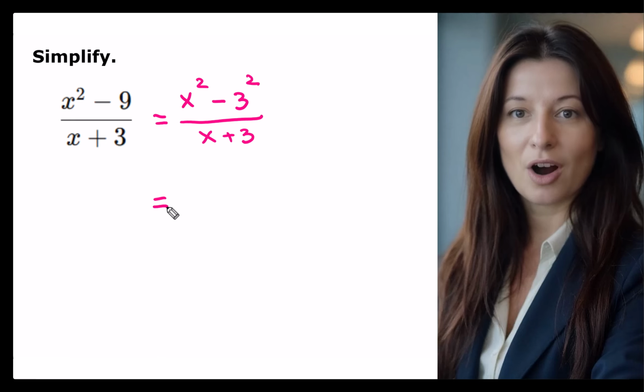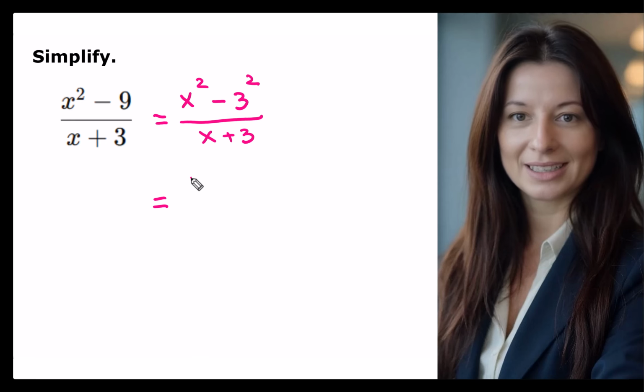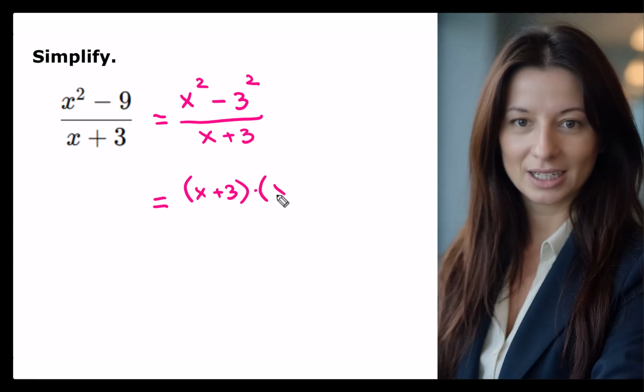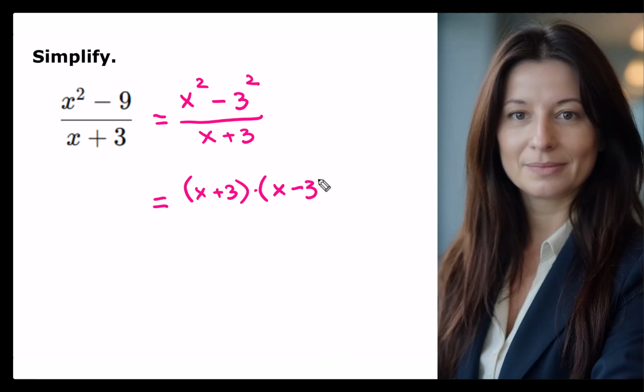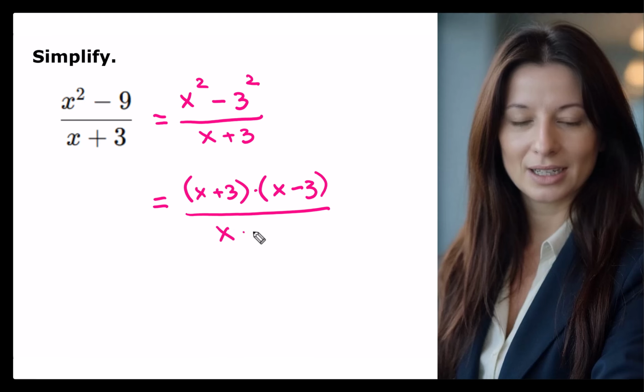But we can work on the numerator and we can apply the difference of squares formula here. So we can write this as x plus 3 times x minus 3, everything over x plus 3.